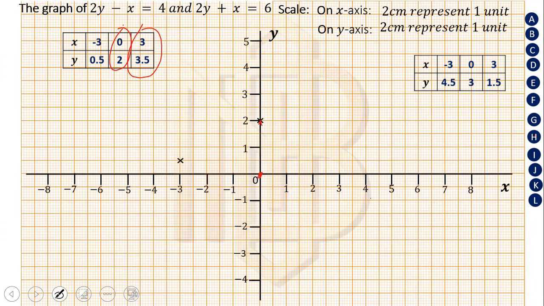You look for where you have 3 on your x-axis, and 3.5 on the y-axis. That's here. So you trace it. Where the two lines meet is where you have our point.